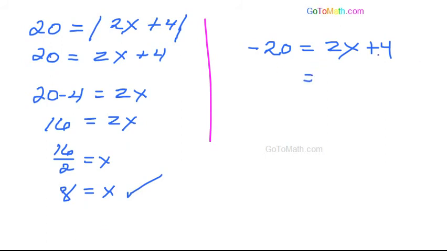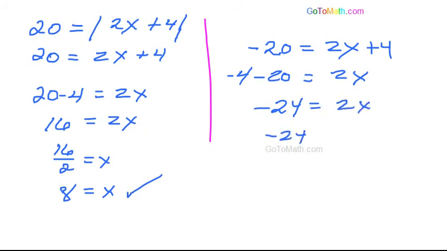And then on this side, we're going to take this 4 over to the other side, so we end up with negative 4 minus 20 is 2x, and so this becomes negative 24. Taking that 2 diagonally down, we end up with x is negative 12, right?